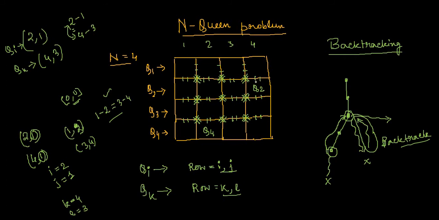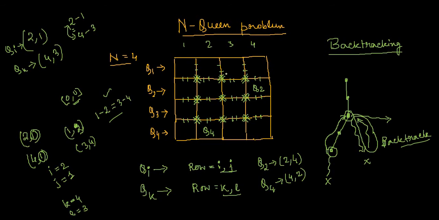So if we define with respect to row and column number, queen 2's position is 2, 4, and queen 4 is 4, 2. But you see here 2 minus 4 is not equal to 4 minus 2.